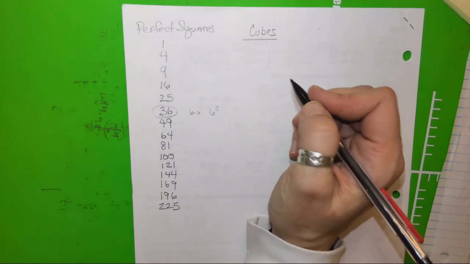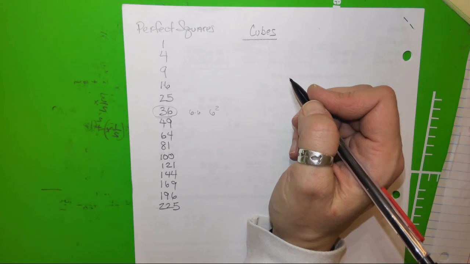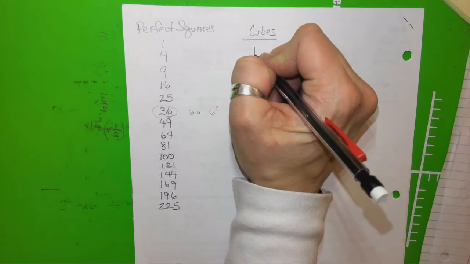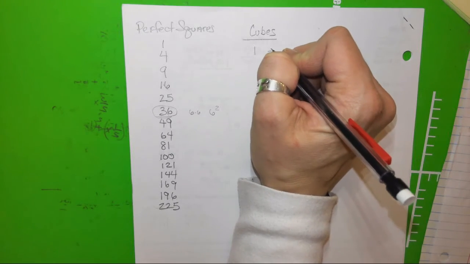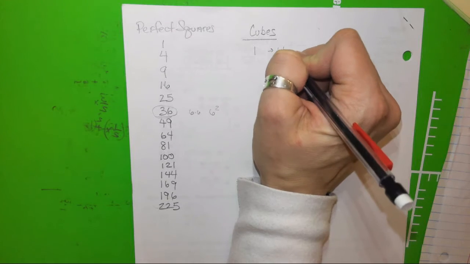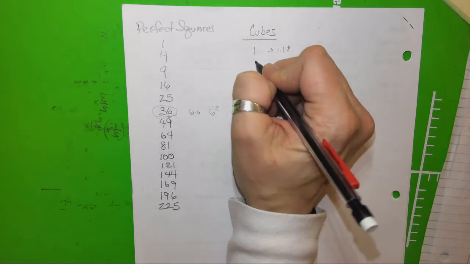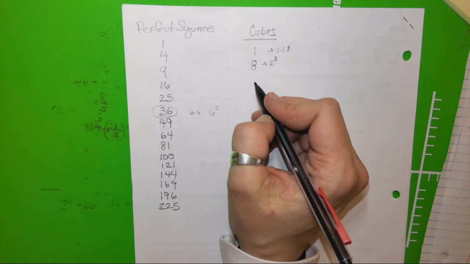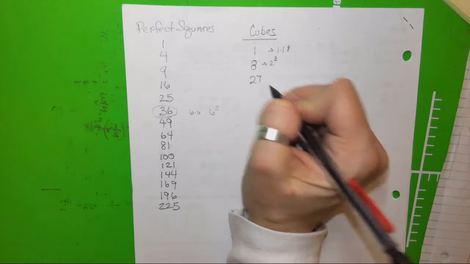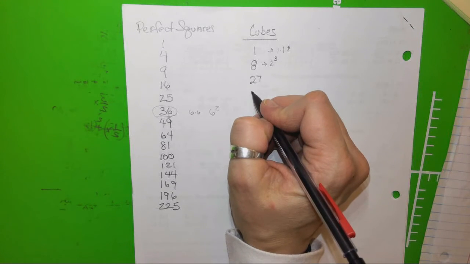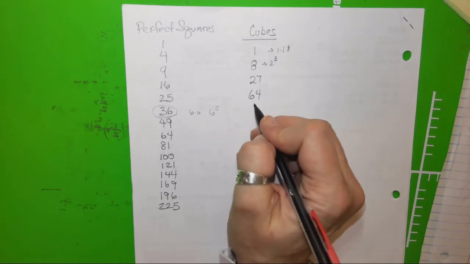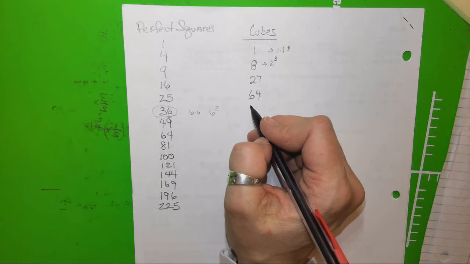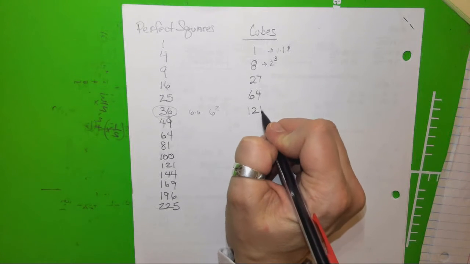What would be our first perfect cube? 1, because 1 times 1 times 1 is 1. What's the next one? 8. That's 2 cubed. The next one? 27. Next? 64. Next. 125.